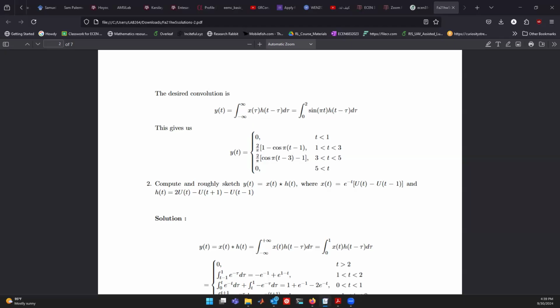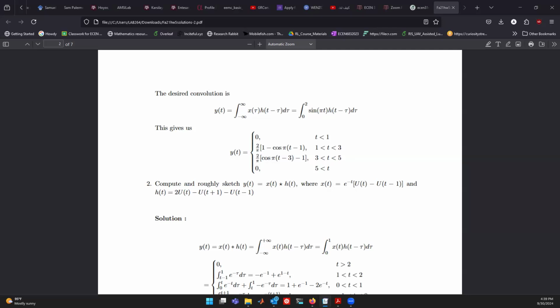Okay. Just a reminder, remember the convolutions in continuous time and discrete time. Discrete time convolution is just a sum.